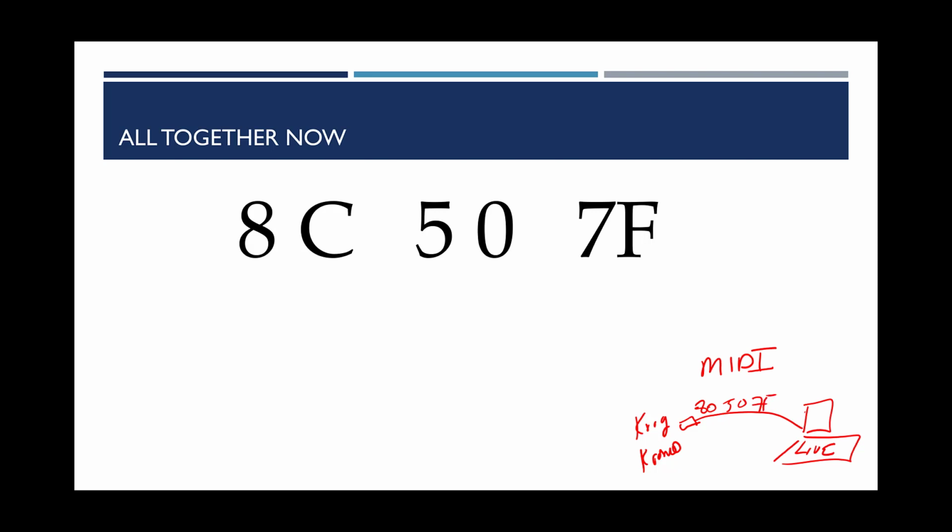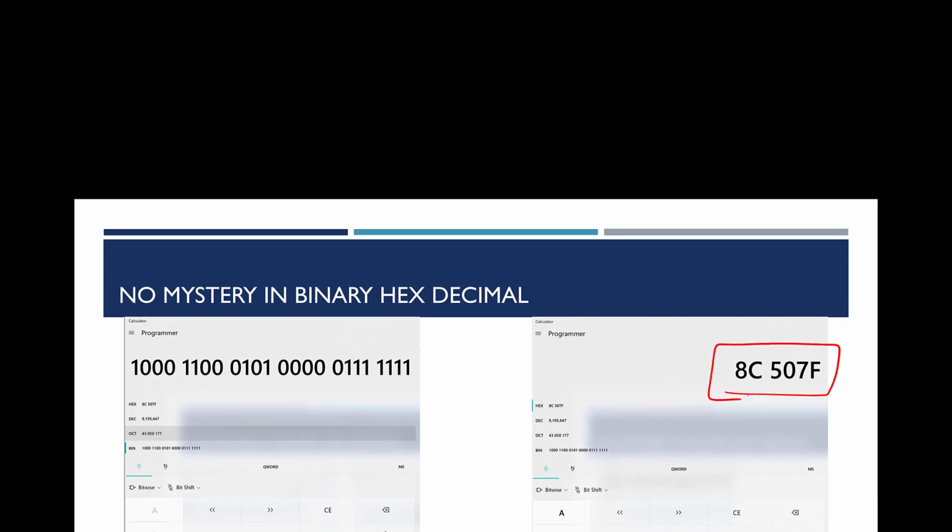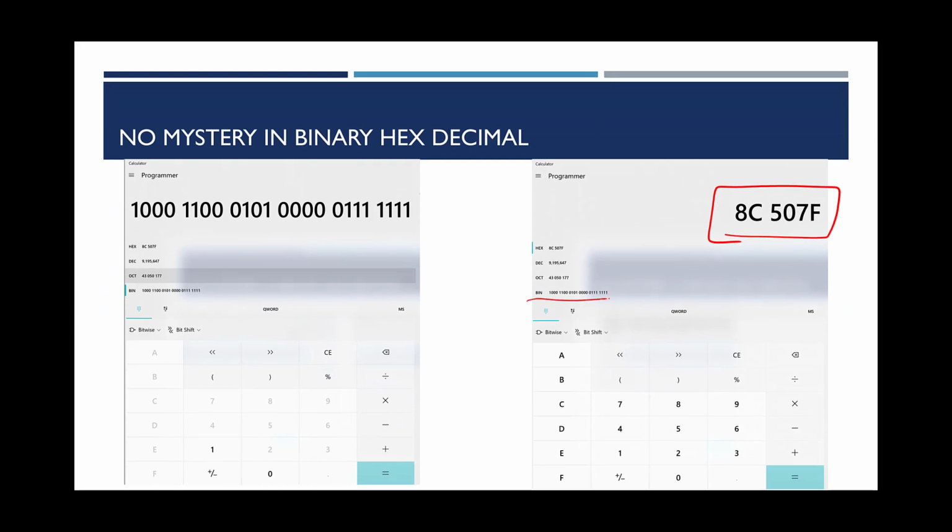And here's the message, 8C, 50, 7F. Here's what it looks like literally on the wire, right? The wire has all those ones and zeros on it.